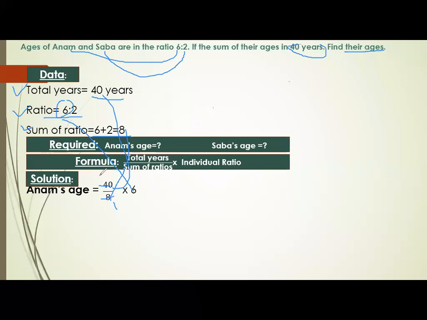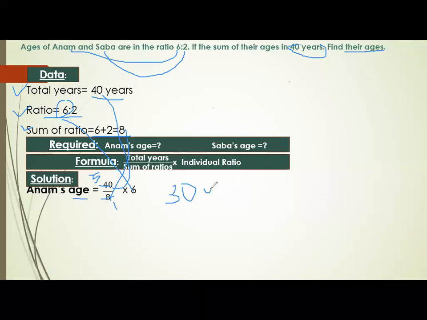8 ones are 8. Quickly tell me in the chat box. 8 fives are 40. Okay, 8 fives are 40 here, and 5 into 6, 6 fives are 30. So we get 30, but we are not going to write rupees over here because this is about the age.